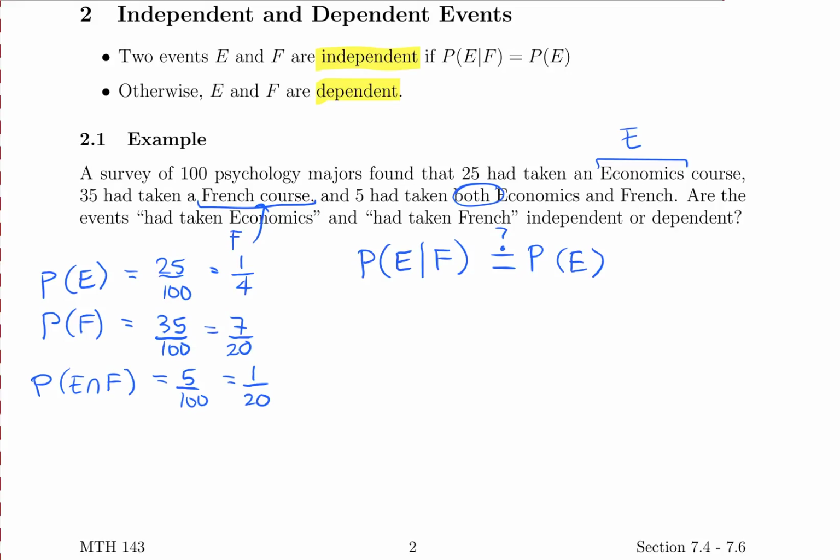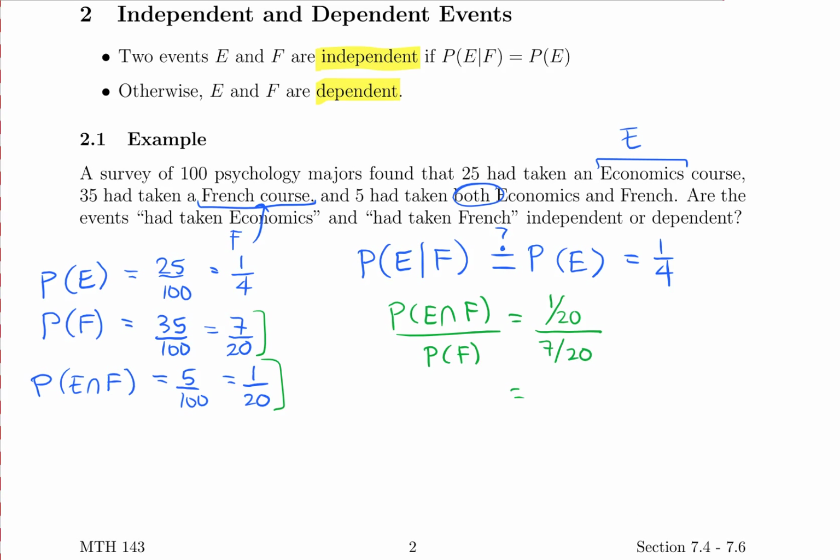So the economics probability we already know. This is 1 in 4. So now we need to figure out the conditional probability. The conditional probability, E given F, is the probability of E intersect F divided by the probability of F. So the probability of both classes was 1 out of 20, and we want to divide that by the probability of French class, which was 7 out of 20.